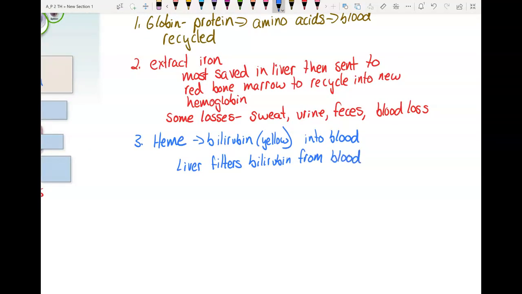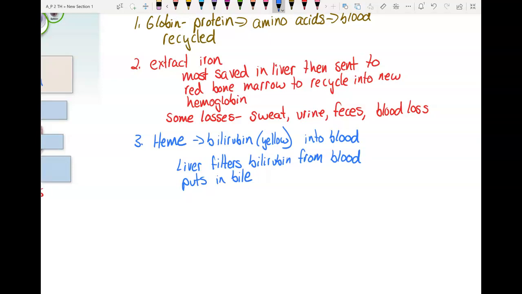If your liver is not working, then it's not filtering that bilirubin out of your blood, and that's how you get jaundice. Okay, now that this bilirubin is in your liver, it puts it in the bile. Liver makes bile. You've probably heard of bile.